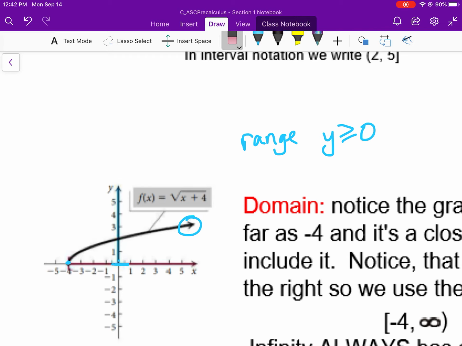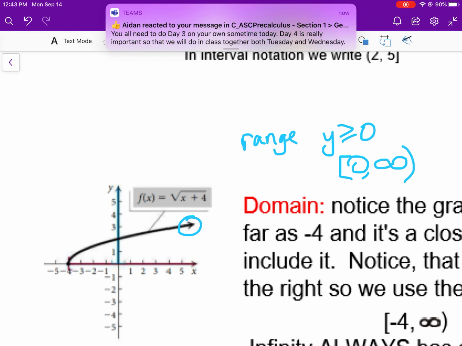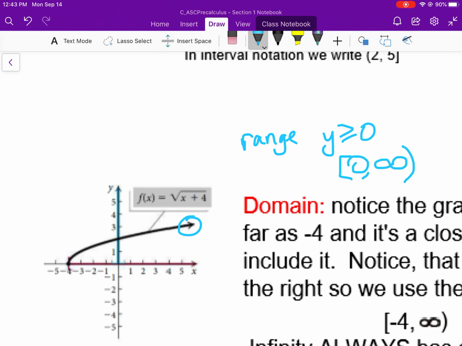Do I include 0? Yes, it's a closed circle, so I'm going to include 0. So I would have a square bracket at 0, and now it's going to go to infinity. Infinities always have round brackets. So that's my range.